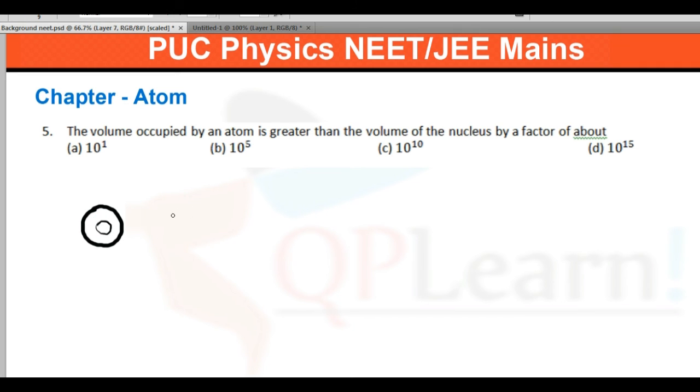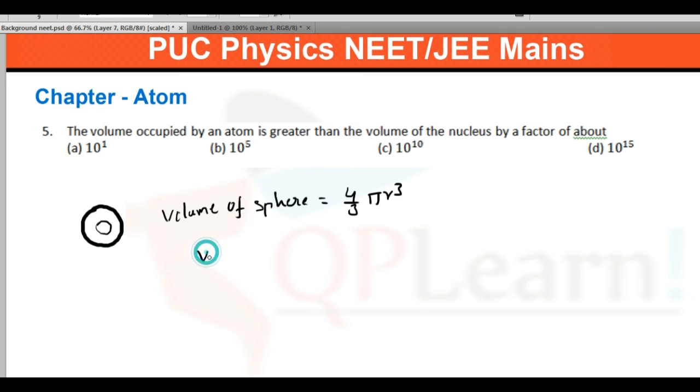So the volume of the sphere, as you know, the formula is 4 by 3 pi r cube. This is the volume of a sphere. Now I am going to take the two volumes.